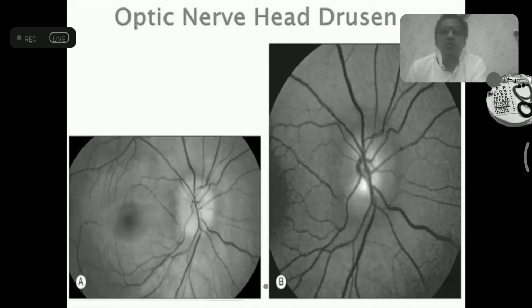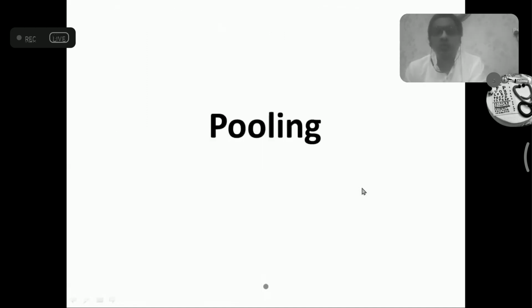This is autofluorescence. Now I discuss hyperfluorescence. First of all, autofluorescence: without dye, when there is a fundus camera, the compound absorbs light and emits green-yellow light, in the same fashion as fundus fluorescence. Then there is pseudofluorescence.